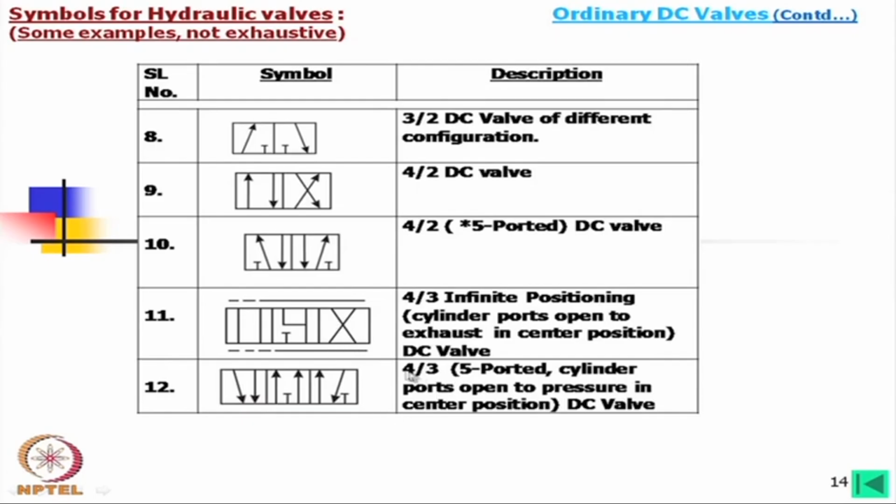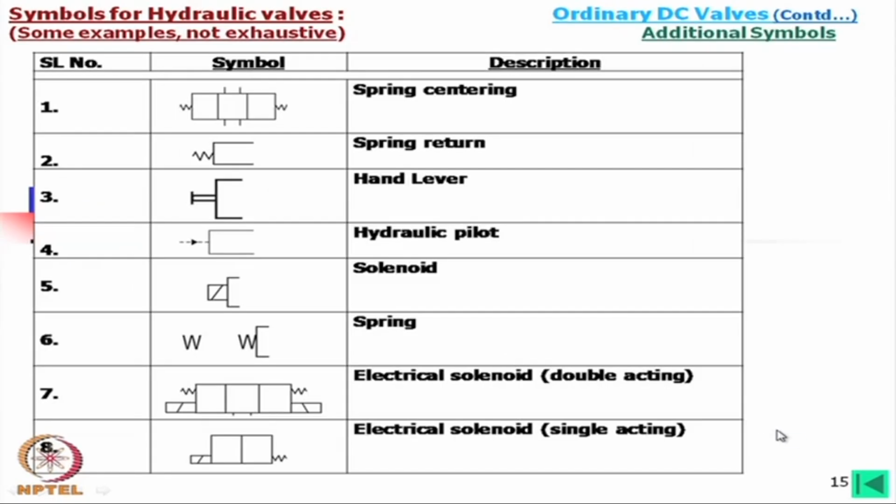Now, here again 4/3 5 ported, cylinder ports open to pressure in center position DC valves, as you can see this one 5/2. So, depending on the purpose, this valve is also used.